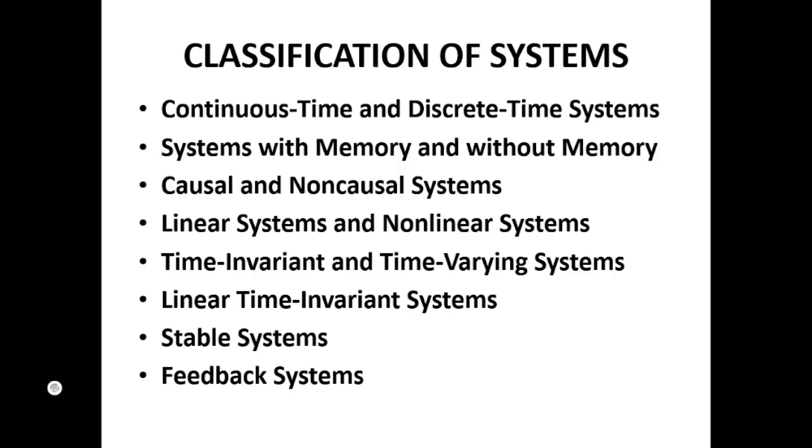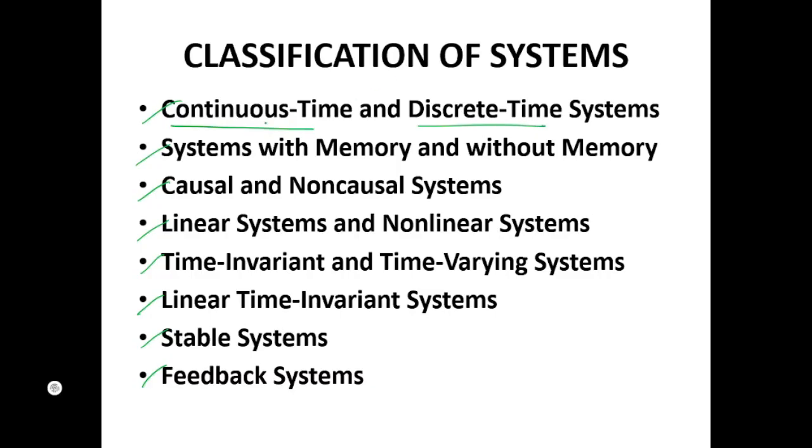Now coming to the classification of the systems, there are several categorizations. The first one is continuous time and discrete time systems, systems with memory and without memory, causal and non-causal systems, linear and non-linear systems, time invariant and time varying systems, linear time invariant systems, stable systems and feedback systems. Now what happens in continuous time and discrete time systems?